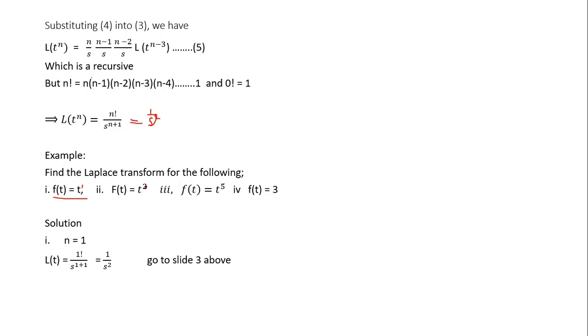And that 2 factorial is the same as 2. So it becomes 2 over s^3. Then take t^5. Our n now is 5. So it becomes 5 factorial over s^6, because s^(5+1). So when you simplify it, you know what you're going to get.